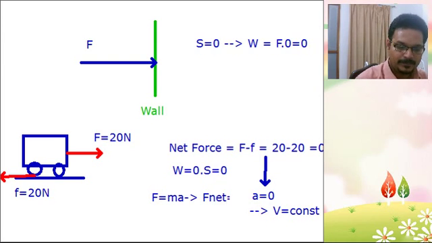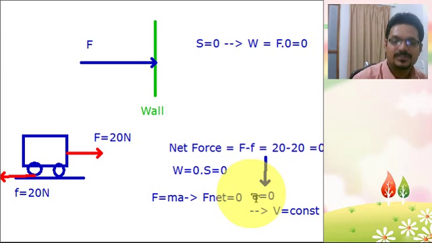So the net force is 0 because acceleration a equals 0. And according to kinematic equations, acceleration is the change in velocity, so change in velocity v minus u equals 0, therefore v equals u. Therefore v equals constant. So the body moves with constant velocity. In that case, the amount of work done is 0.